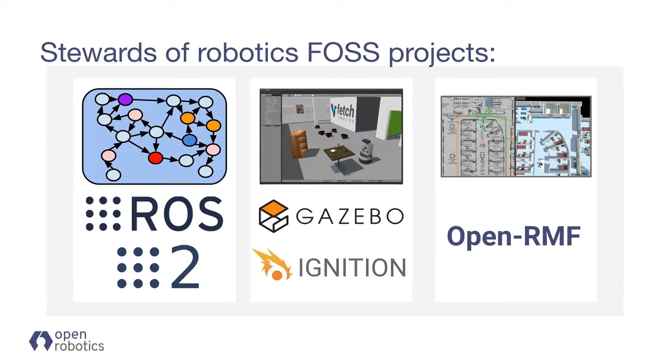For those of you that are not familiar with Open Robotics, we're mostly popular for steering two main projects. One is ROS, which is now in the second version, ROS 2. And the second one is Gazebo, which is also being rewritten into Ignition.